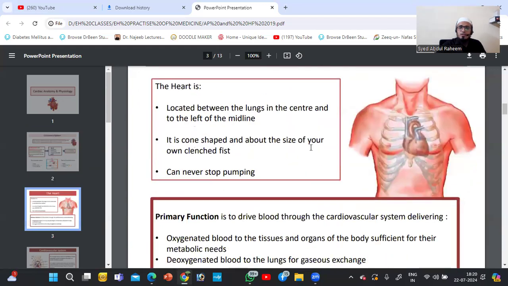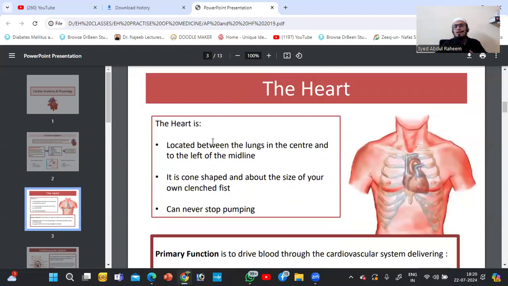In the blood, we have nutrition, hormones, oxygen, and other gases. You can see that the heart is situated in the mediastinum, among the ribs. You can see the cone shape.